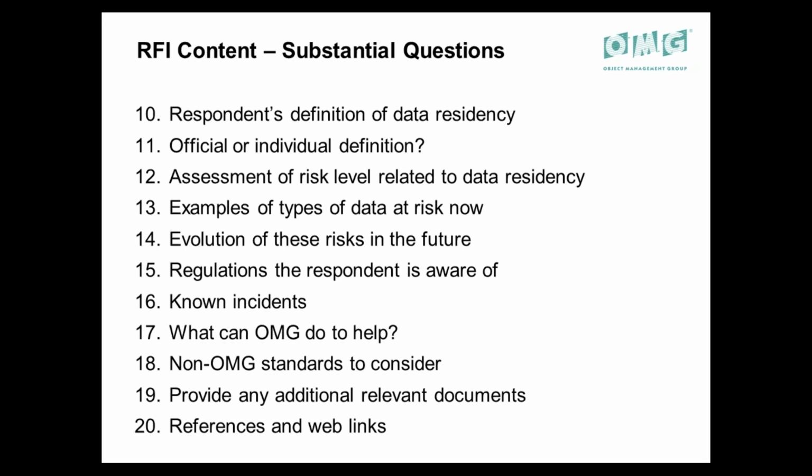What are the regulations that affect you in your industry, in your business, and that you're aware of? Examples of known incidents. We have some examples, of course, that we know, and some of them you can just Google, but it is always very interesting to analyze what caused a conflict between a company and a regulatory authority, for instance, or between a company and its client.